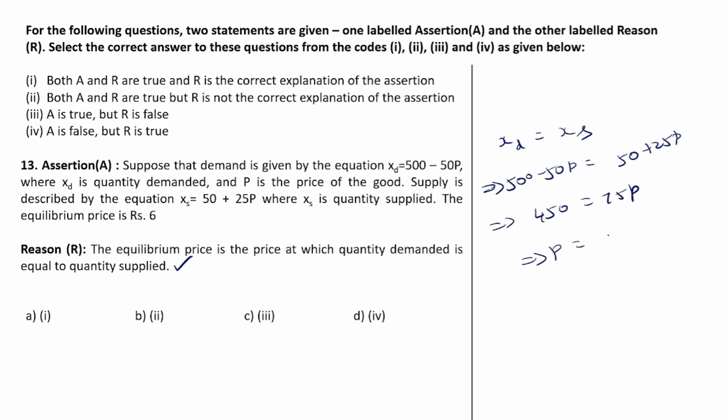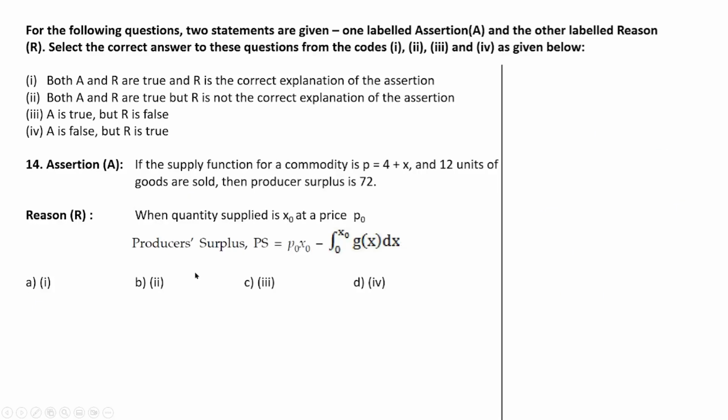From this we get p equal to 450 by 75, which is 6. So this is the equilibrium price. So here the assertion is also true. So both A and R are true and R is the correct explanation of the assertion. So the correct option is option A.